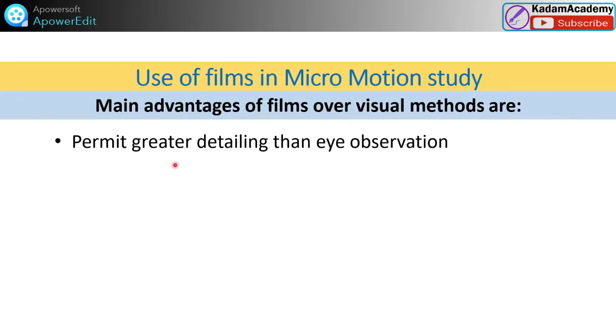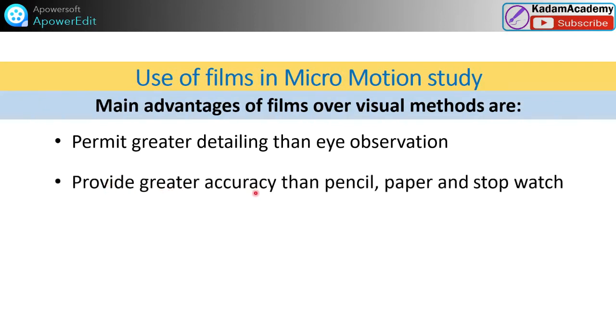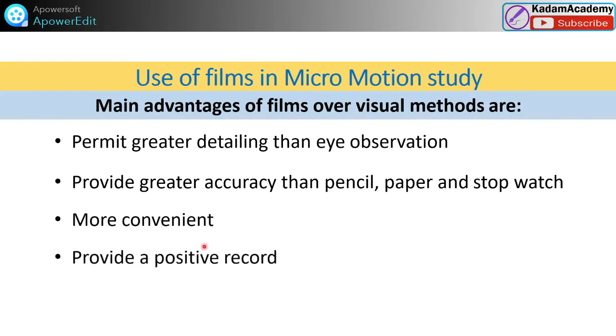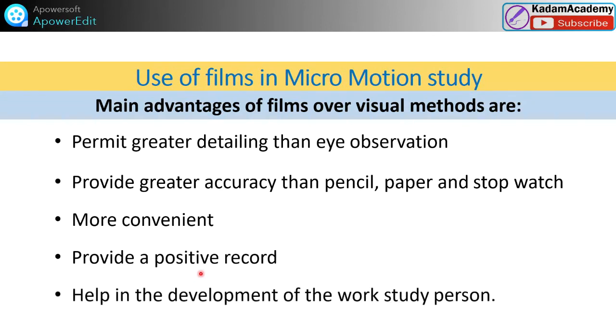It provides greater accuracy than pencil, paper, and stopwatch, which were used in previous methods. It is also more convenient and provides a positive record that we can watch, and that helps in the development of the work study of the operator or worker who is working on this.